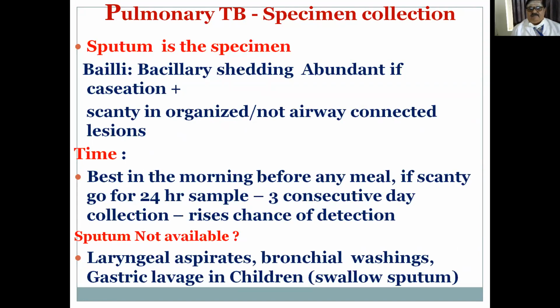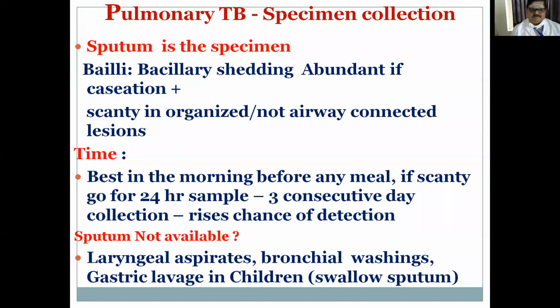So here, the specimen being sputum, the bacilli can be detected directly in the sputum, or it may be scanty in organized lesions not connected to the airway. So that is the specimen part of it.